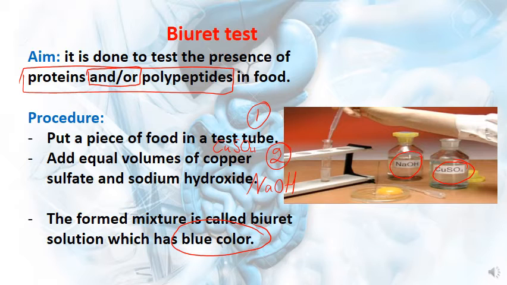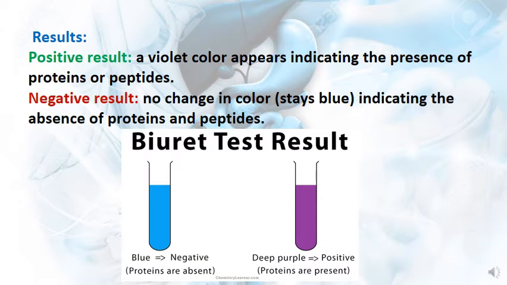So if you have a positive result, what does this mean? A positive result: a violet color appears, indicating the presence of proteins or peptides. Both of them, either protein or peptides. We can't confirm whether it is protein or polypeptides unless we do another test.